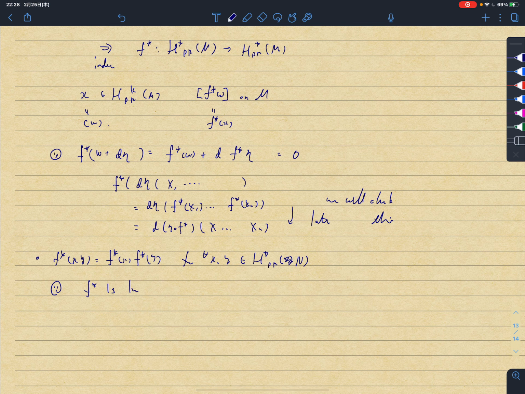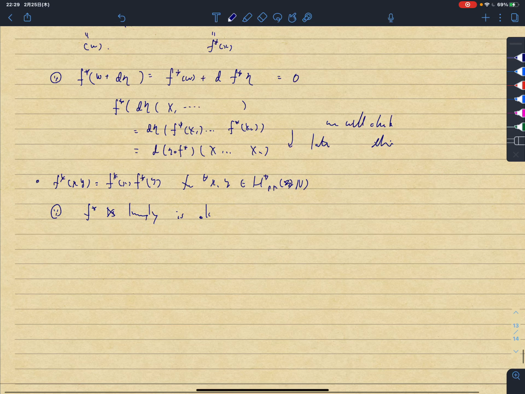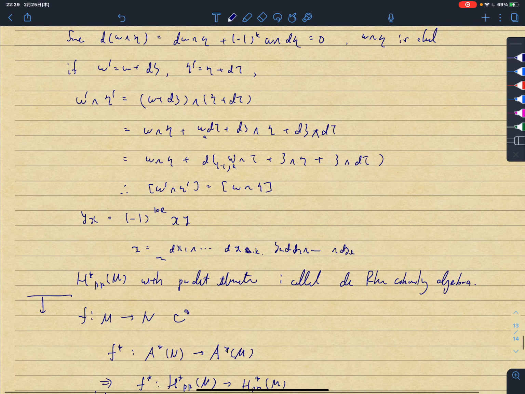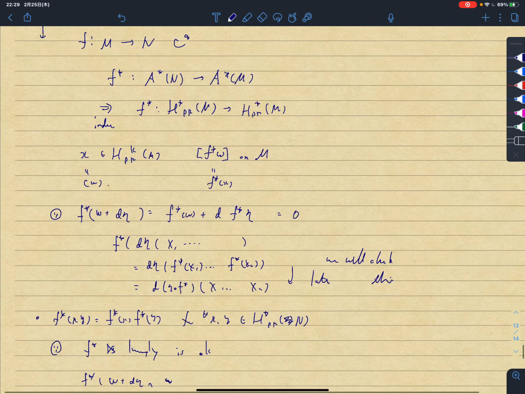Linearity is okay. Linearity is okay. And F star X, eta plus theta.